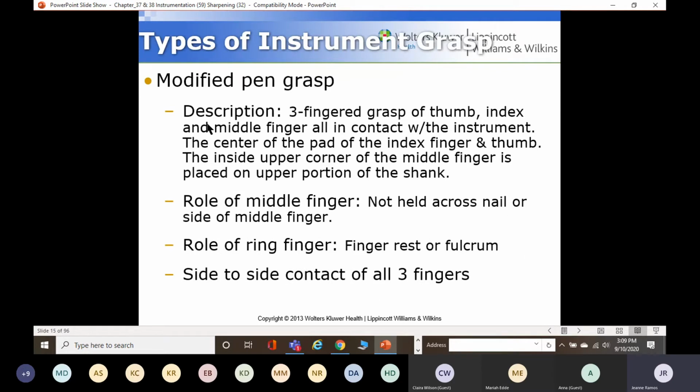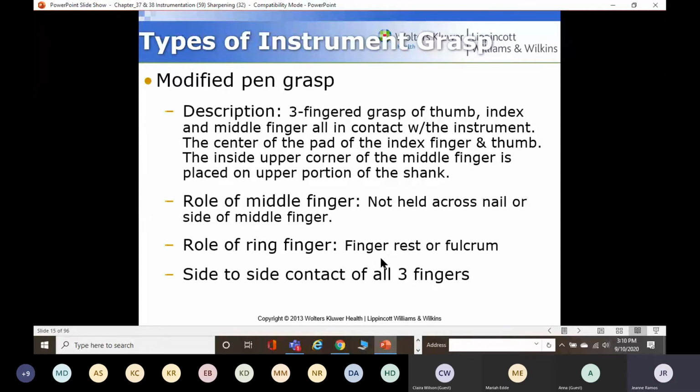Modified pen grasp: three fingers grasp, with thumb, index, and middle finger all in contact with the instrument. The center of the pad of the index finger and thumb, and the inside upper corner of the middle finger is placed on the upper portion of the shank. So the middle finger is not held across the nail or side of the middle finger.